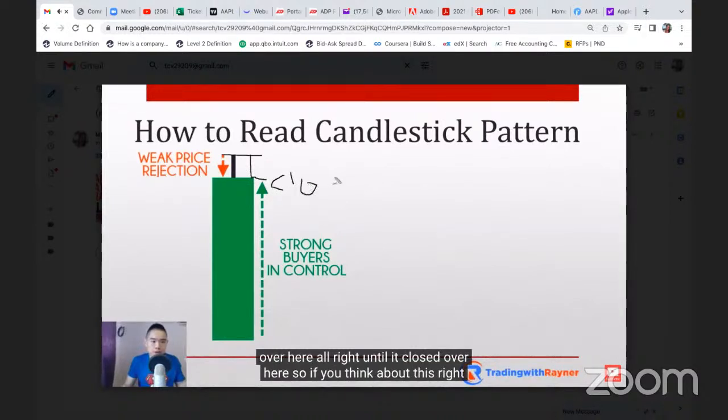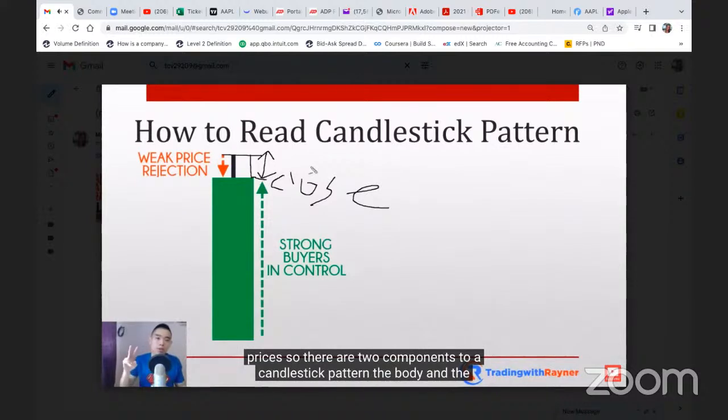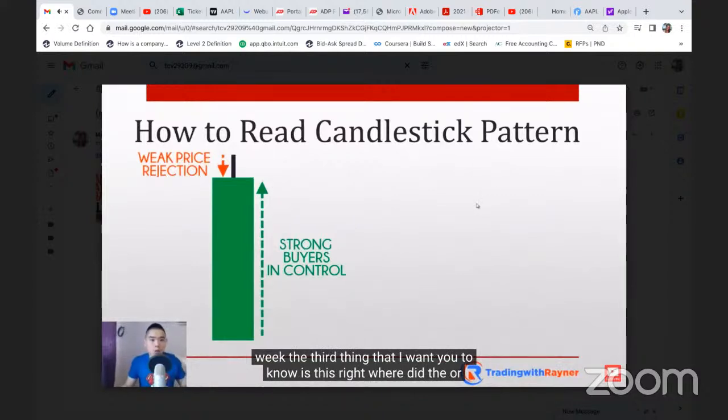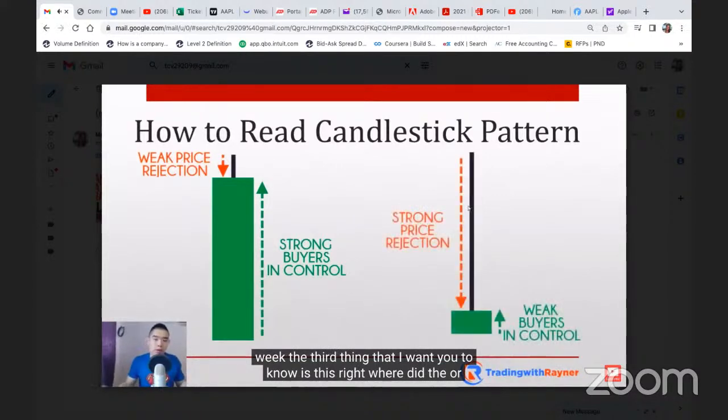This is actually a form of price rejection, rejection of higher prices. So there are two components to a candlestick, the body and the wick. The third thing that I want you to know is this: what is the size of the body relative to the wick?